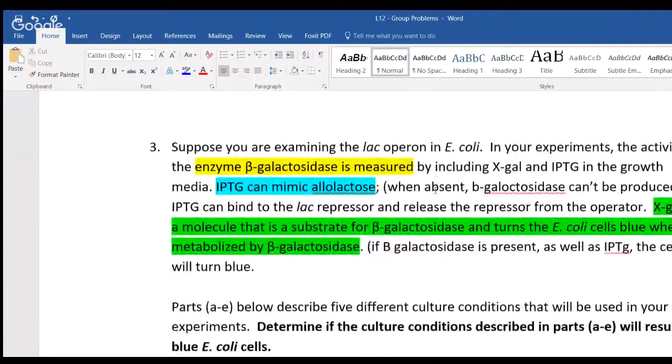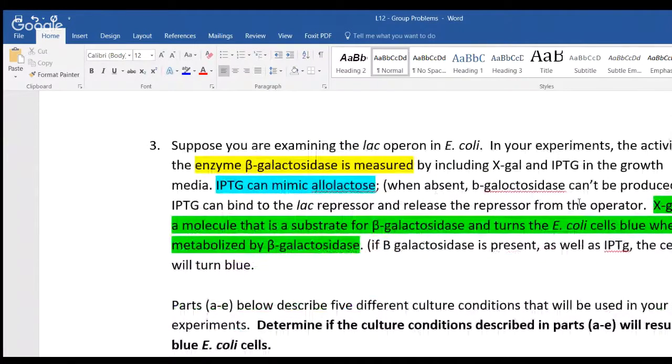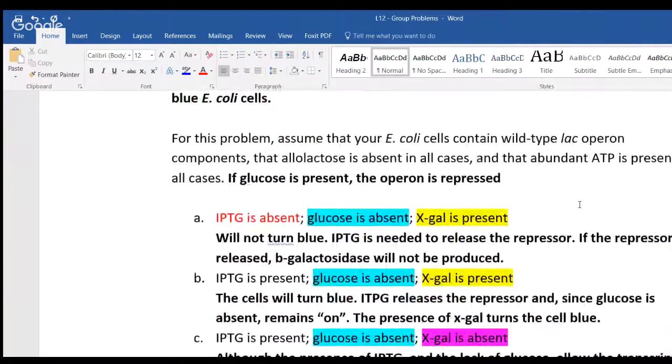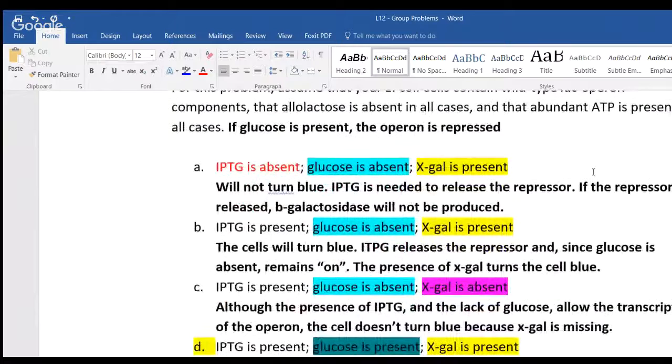For part 3, we're doing a little bit more problem solving. We're trying to figure out under which circumstances the cell will turn blue. So for part A, it's not going to turn blue even though glucose is absent and X-gal is present, because IPTG is also needed in order to turn it blue.